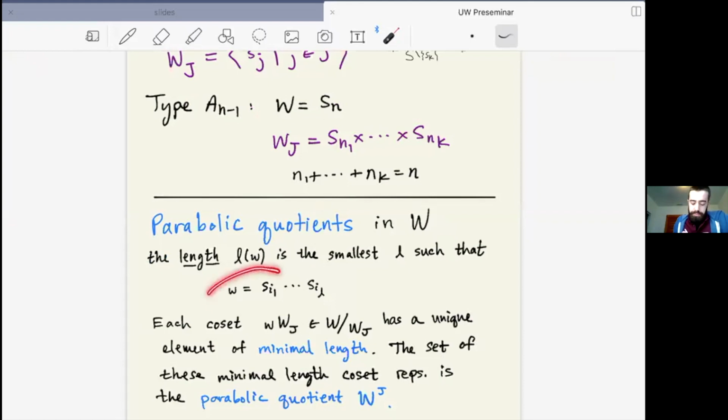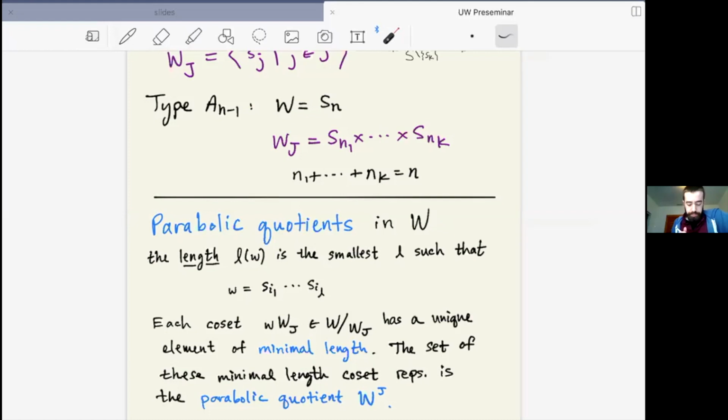So it's the smallest L can be such that I can write w in this form. For example, all the simple generators have length 1, a product of 2 simple generators has length 2, unless you've gotten back to the identity.